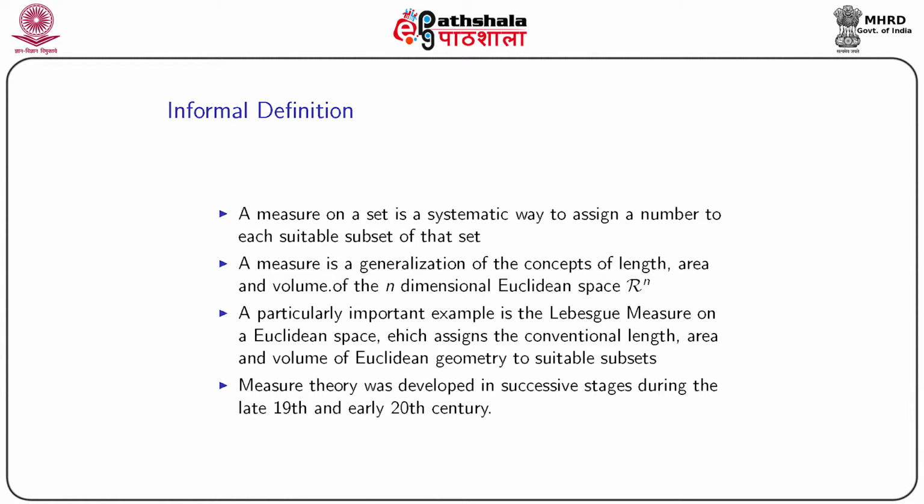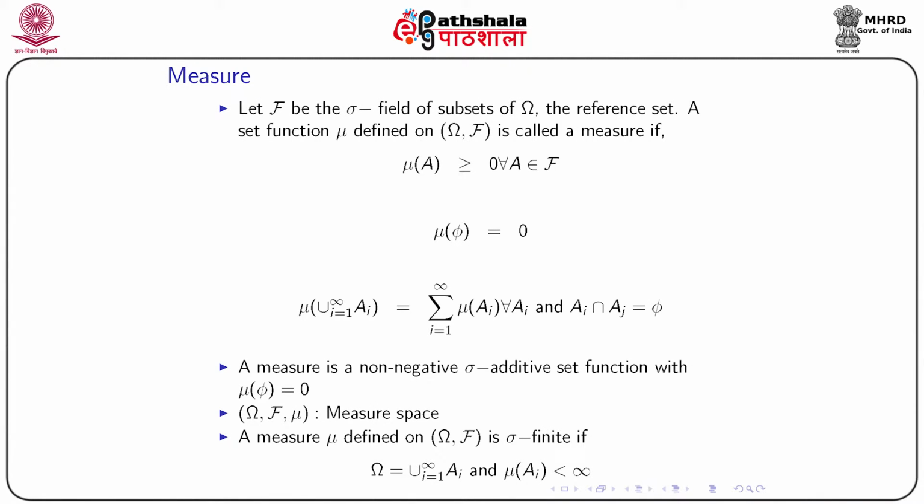Now, we will come to a more formal definition of measure. We are considering a sigma field which consists of subsets of the reference set omega. We denote it as script F. So, script F is the sigma field of subsets of omega, the reference set. Now, measure is a set function with some restrictions.